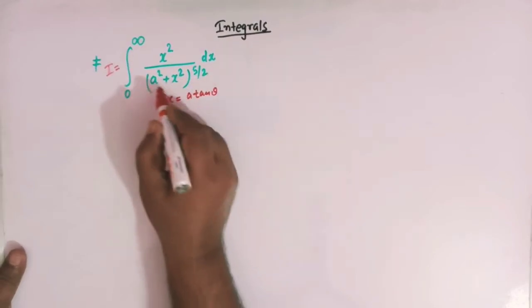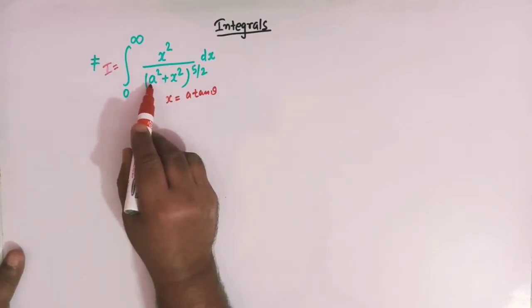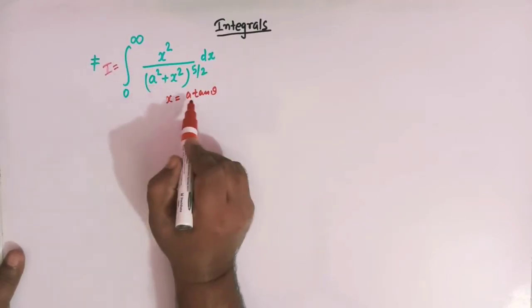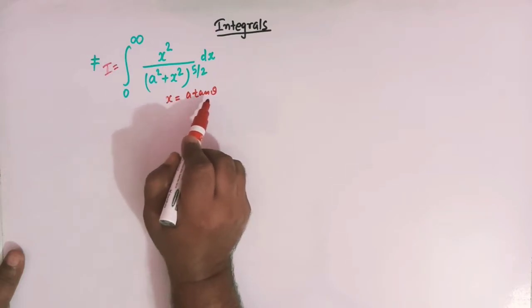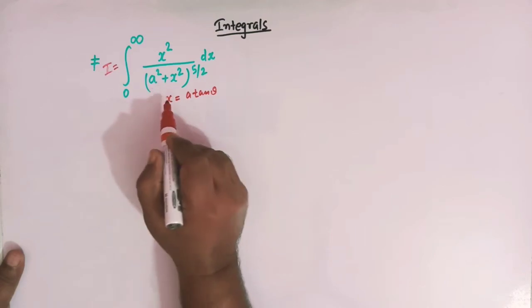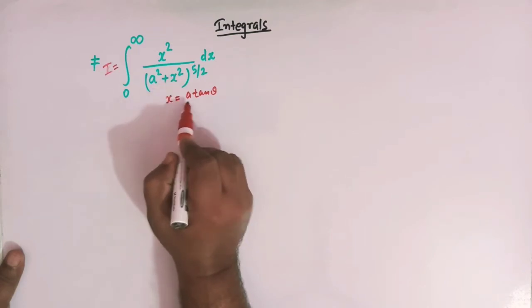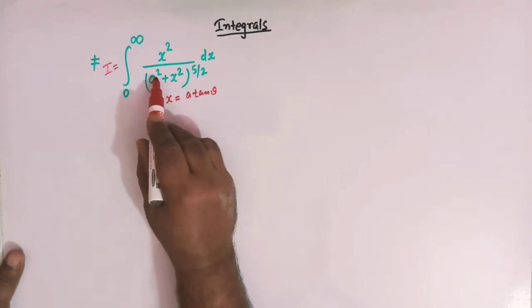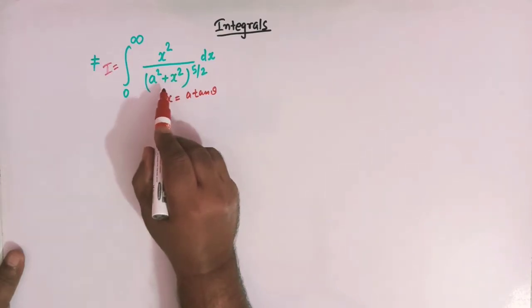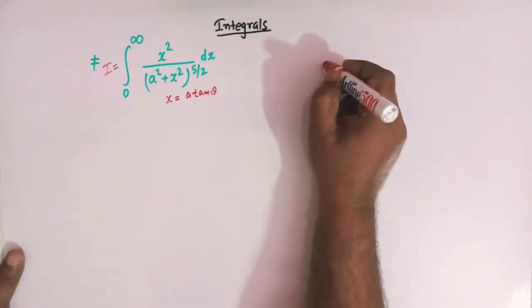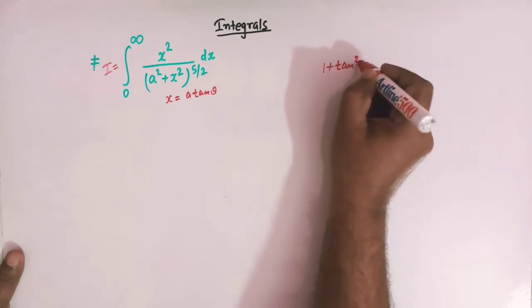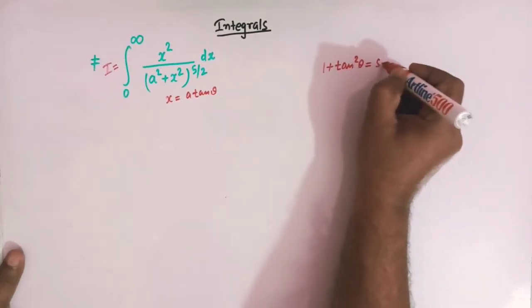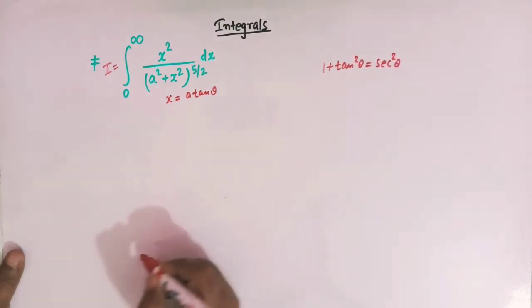Here a is some constant, and we make this substitution because once we substitute x equals a tan theta in a squared plus x squared, we can apply the identity 1 plus tan squared theta equals secant squared theta.